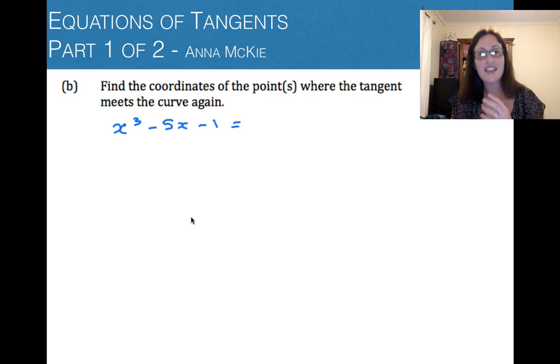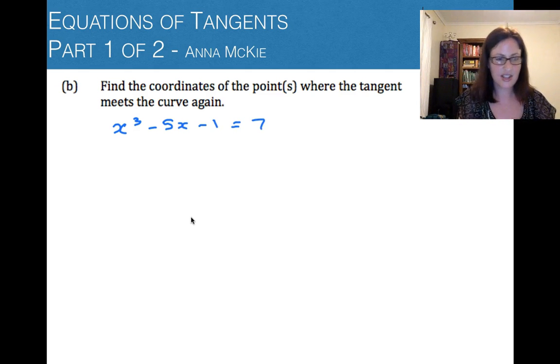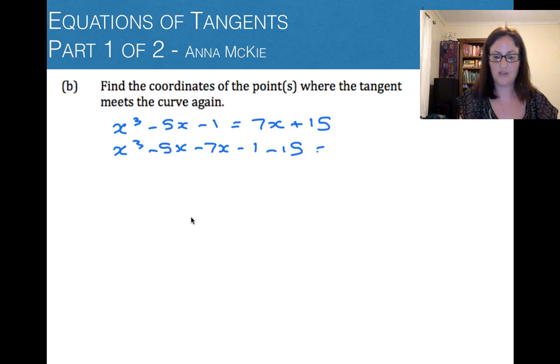And we're finding when that is equal to the tangent, 7x plus 15. And now we're going to use our algebra skills to solve for x. So bringing all of the terms over to the left-hand side, it'll be take 15 there, take 15 is equal to 0, collecting like terms. All these skills that you've been practicing for years in maths come in handy.